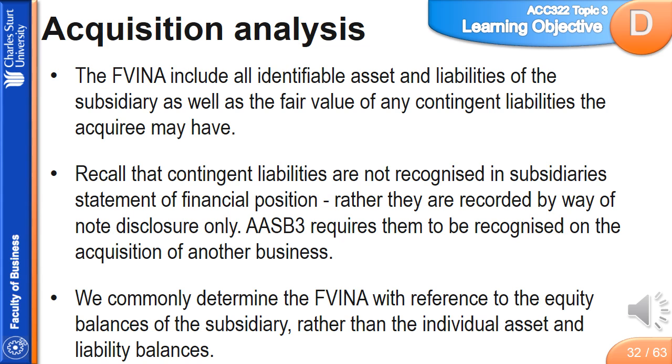So instead of listing out every individual asset account, then deducting each liability account at their respective fair values to determine what the net assets are, another way to go about it is just to write out the equity balances of the subsidiary, then write out the adjustments to the assets and liabilities, the equity portion that results from that, so the increase less the 30% tax effect, and that will equal net assets as well.